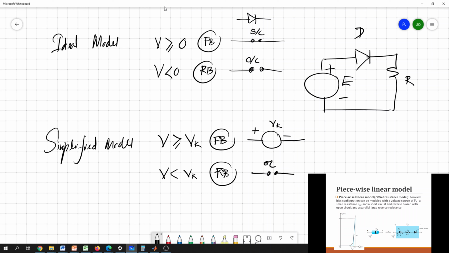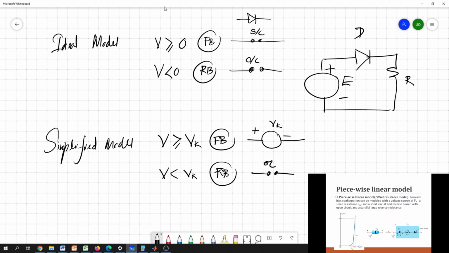Then you know how to analyze a circuit where you have fixed DC sources and resistors. You can apply Kirchhoff's voltage law, Kirchhoff's current law, nodal analysis, mesh analysis, divider rules, and any kind of circuit theory to obtain the currents and voltages in a particular path, branch, or across any element.